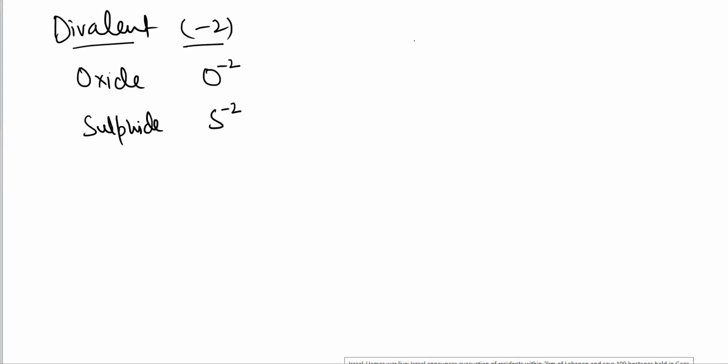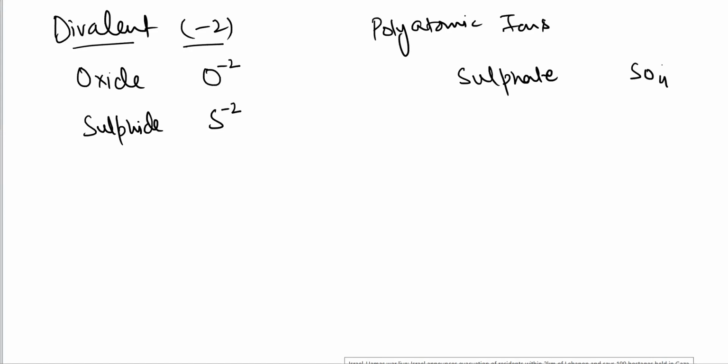Then we have the polyatomic ion that is going to have minus, like we have discussed, sulfate. If it is hydrogen sulfate, then it is going to have -1. But if it is only sulfate SO4, then it is -2.